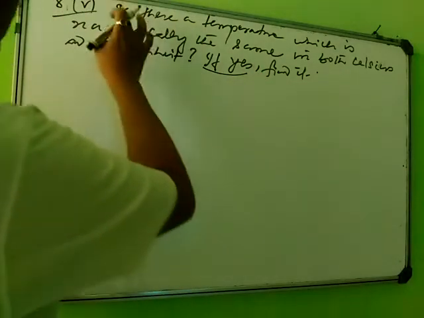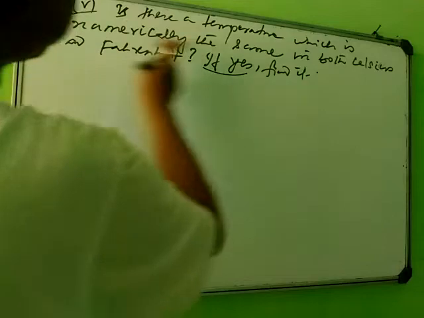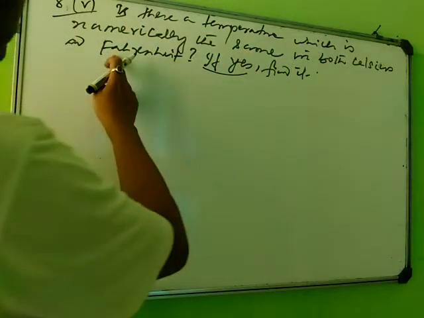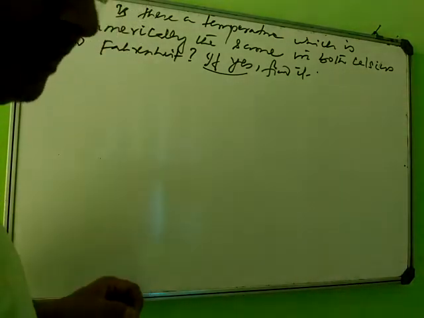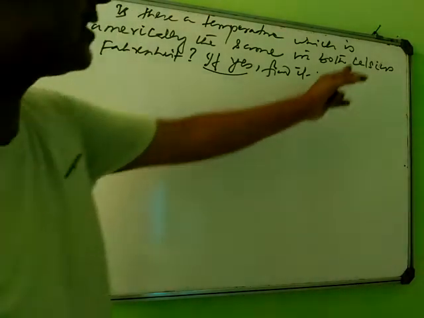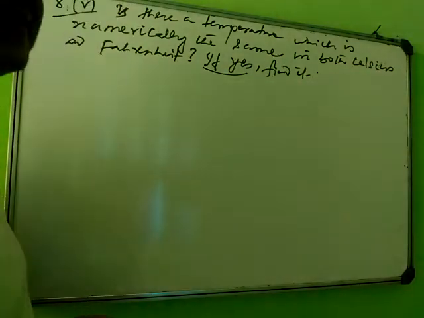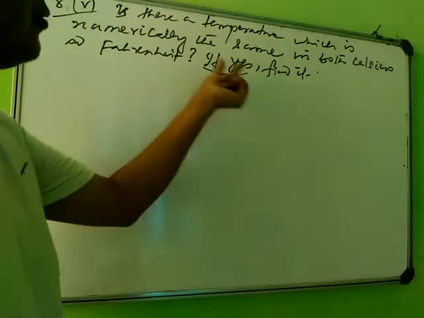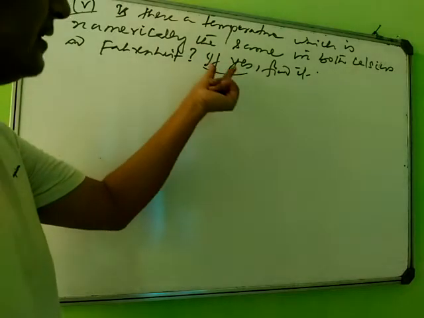So though they have put this question, is there a temperature which is numerically the same in both the Celsius and in Fahrenheit? That means if there is a particular temperature that will be same in both the Celsius scale as well as in the Fahrenheit scale. If yes, if there is, find it out. So here they have given the question in the affirmative. That means yes, there is.